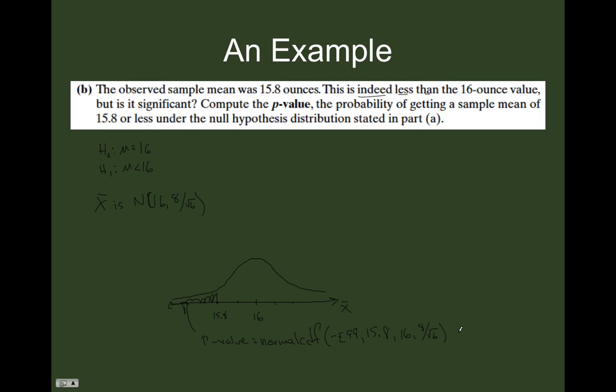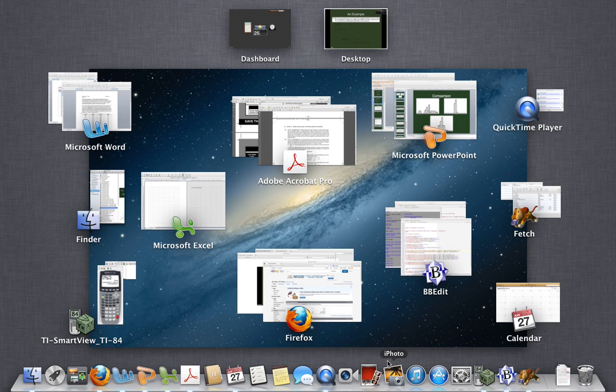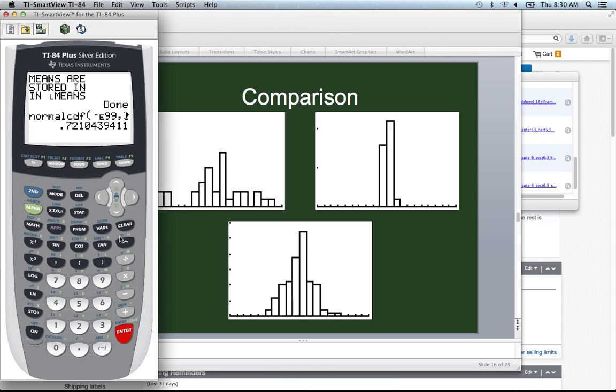So we're going to need the calculator. Second VARS takes me to the distribution menu. Oops, that should be 50.